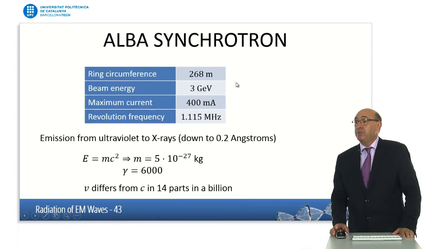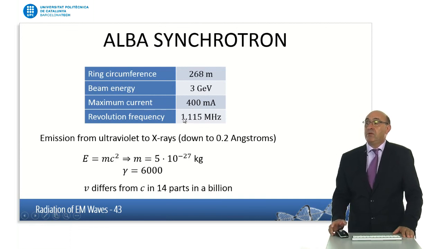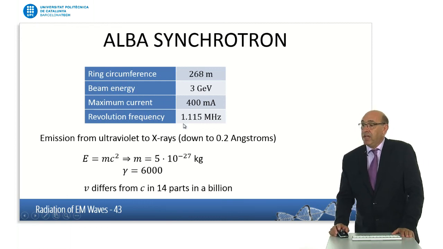Some basic parameters for this synchrotron are that it has a ring circumference of about 270 meters, and the beam energy is 3,000 million electron volts. We use giga electron volts here. The current in the ring is around 400 milliamps. The revolution frequency is around 1.1 megahertz.